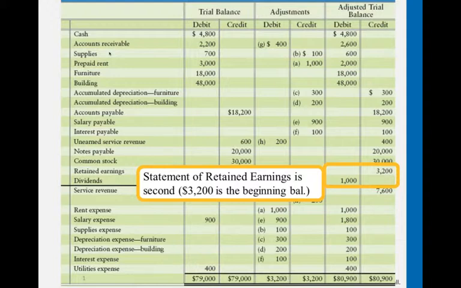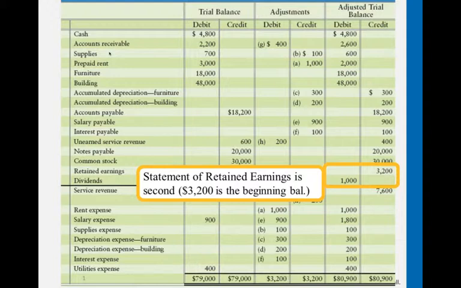We add that to the beginning earnings, 3,200, and subtract dividends, which is the part of the earnings that you give away to shareholders if the company declares it. If you see dividends, that means this year they're doing pretty well. They want to reward shareholders by giving away a portion of their earnings.